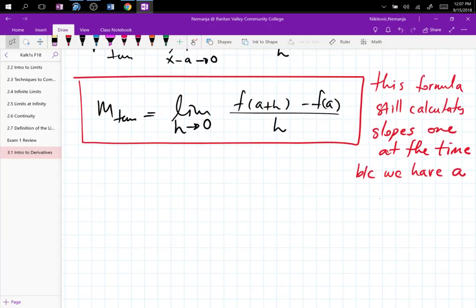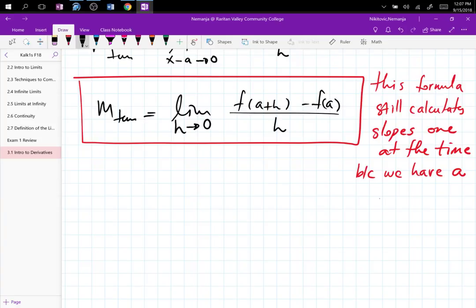What is the version that will allow you to compute all slopes at once? Well, when you replace those a's with x's. So it will make sense when I do examples and stuff.